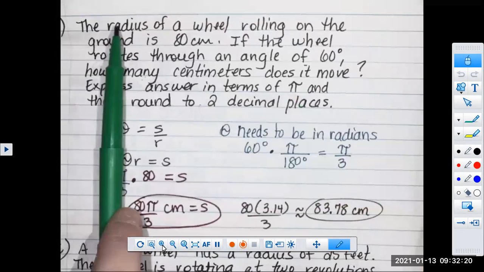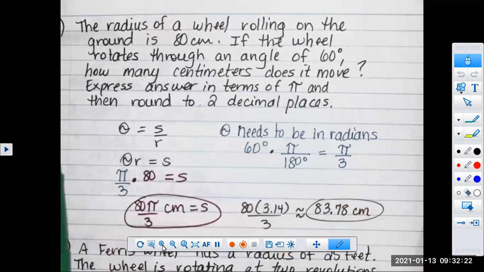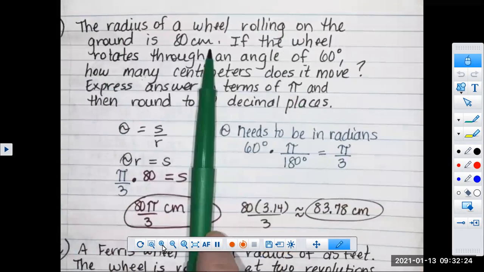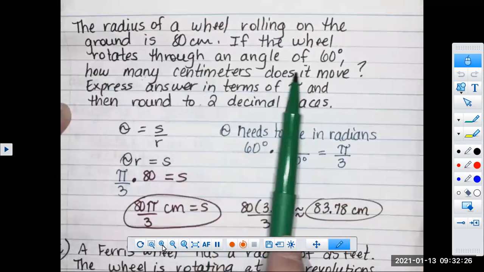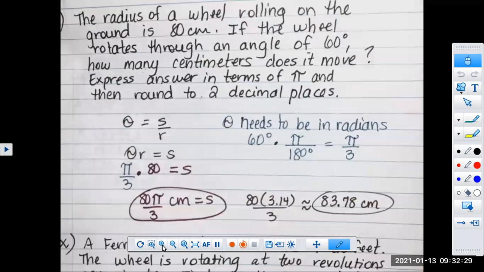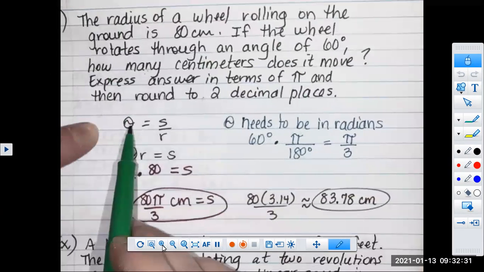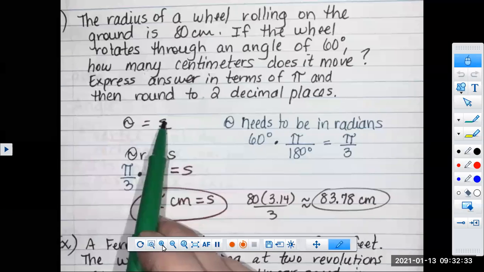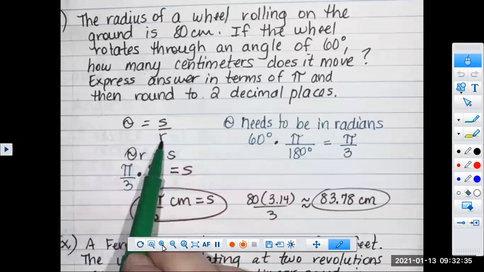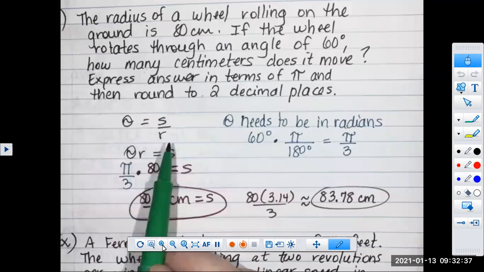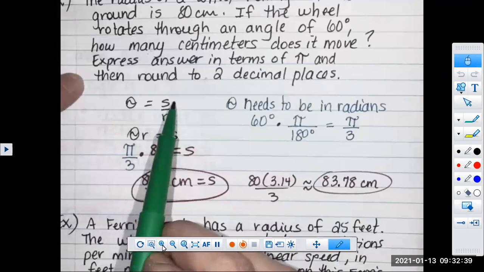So you've got this wheel rolling, its radius is 80 centimeters. How many centimeters does it move? So you're going to use that formula that contained arc length, an angle, and your radius. But of course, you're solving this for S.